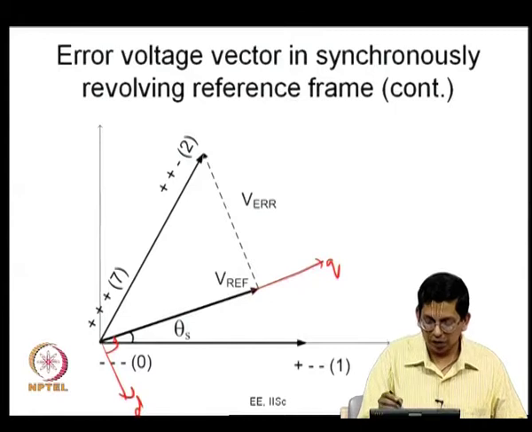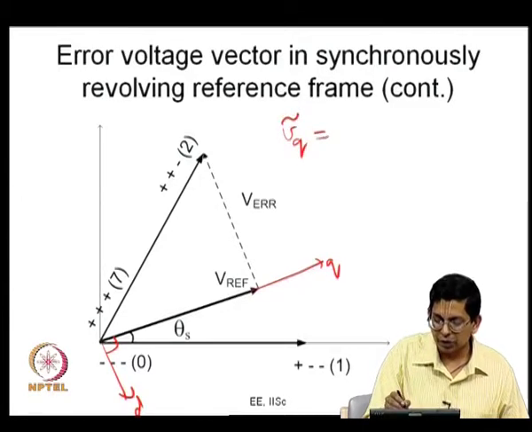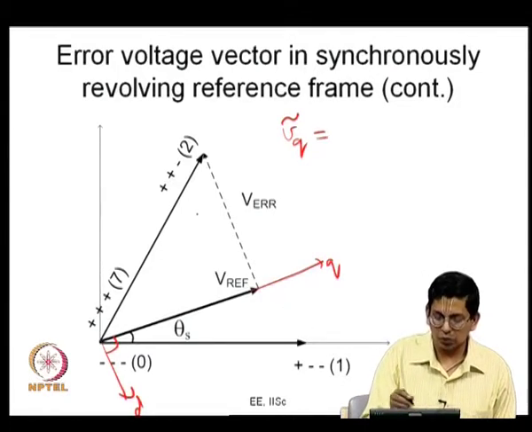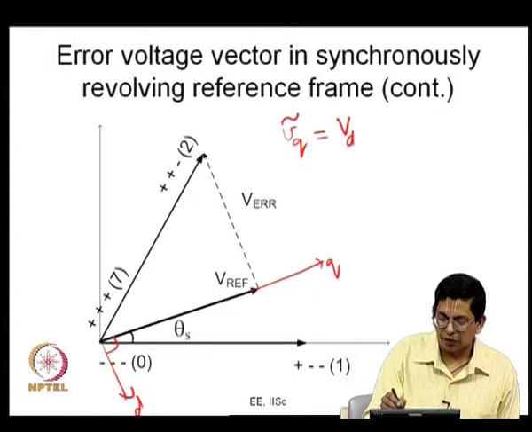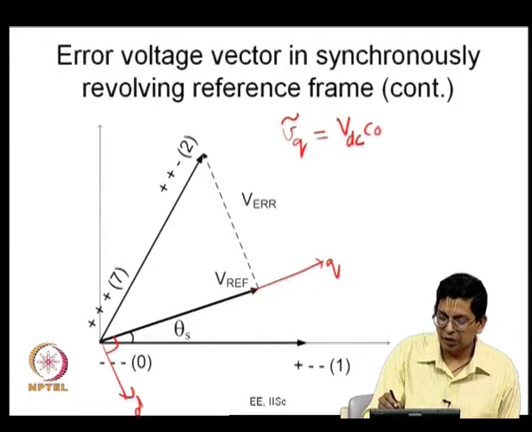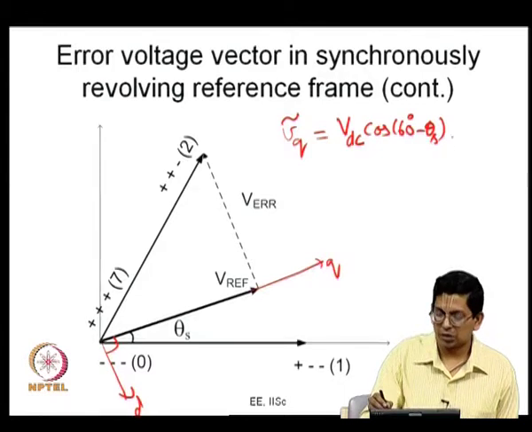And what is the error voltage along the Q axis? VQ tilde is equal to the applied voltage along the Q axis. The applied voltage has a magnitude VDC and its component along the Q axis is VDC cos of 60 minus theta s. This is the applied voltage minus V reference.